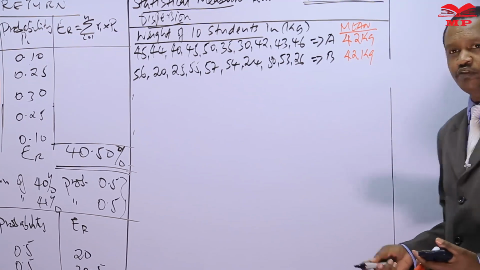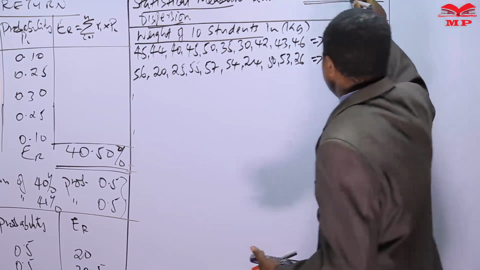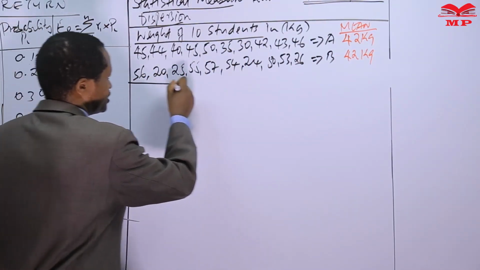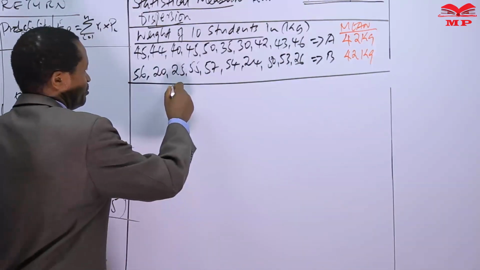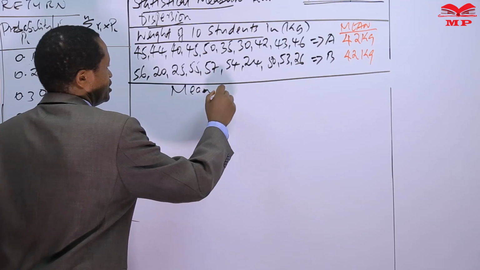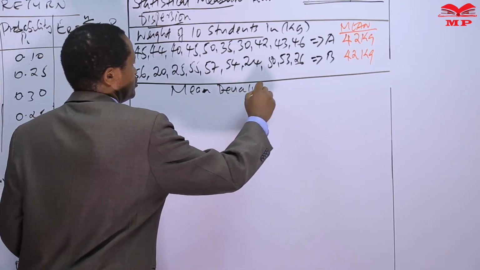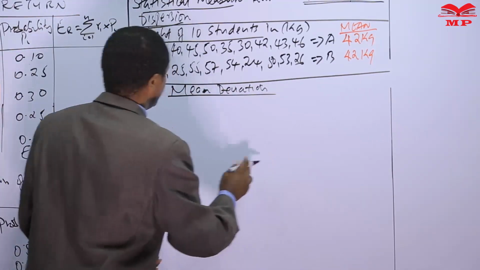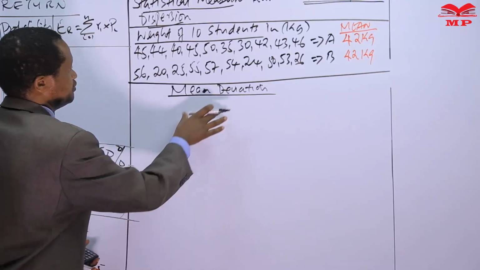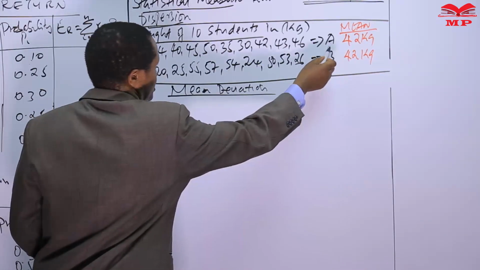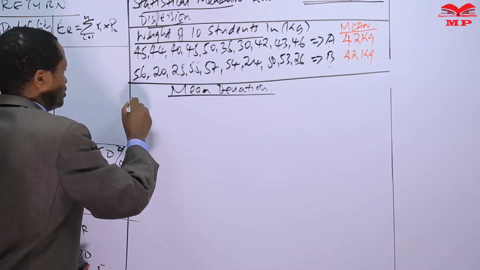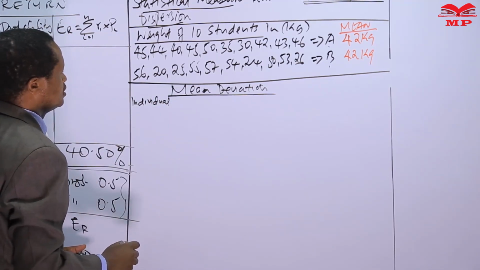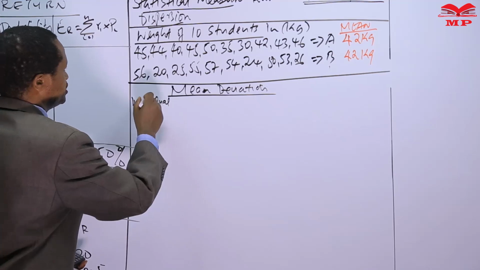And even before we proceed to calculate the standard deviation, we can remind ourselves of what we learned in school, that is the mean deviation. Mean deviation is also a measure of dispersion, and you can use this data to determine the mean deviation for class A and class B. So we'll have here a column for individual weight.